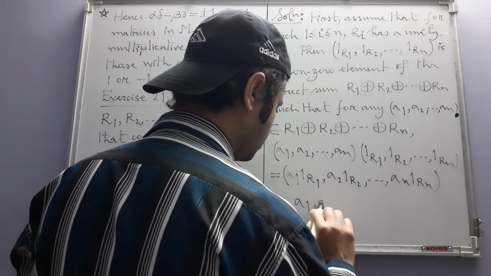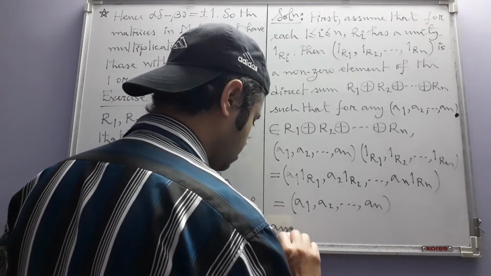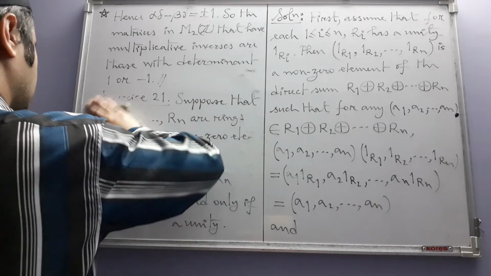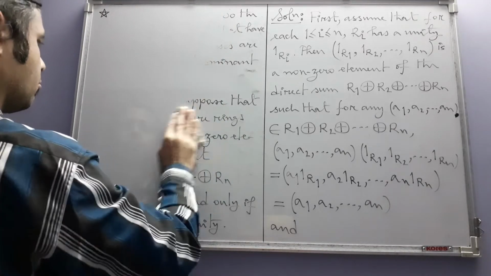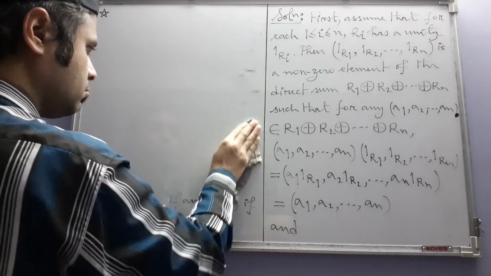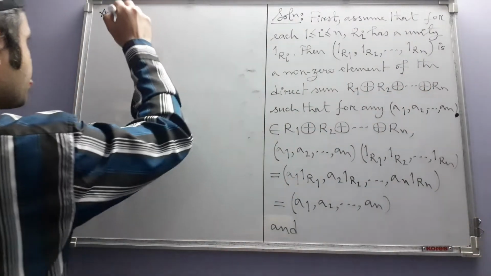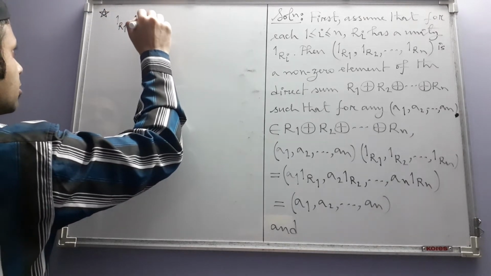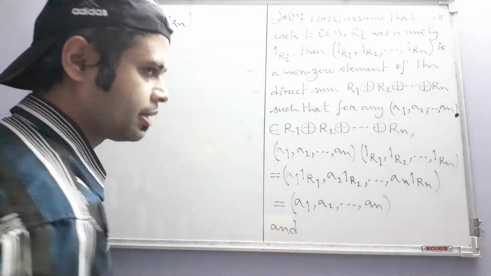So this is again our original n-tuple, and we have to also switch the order and show that that product also gives us the original element itself.